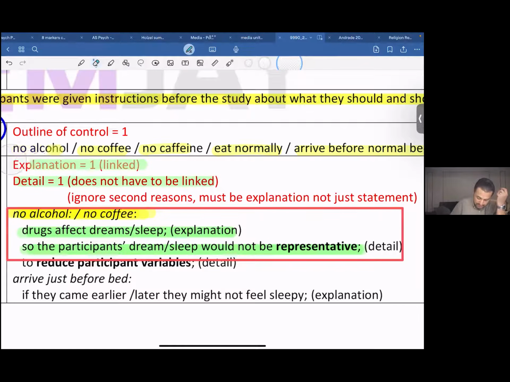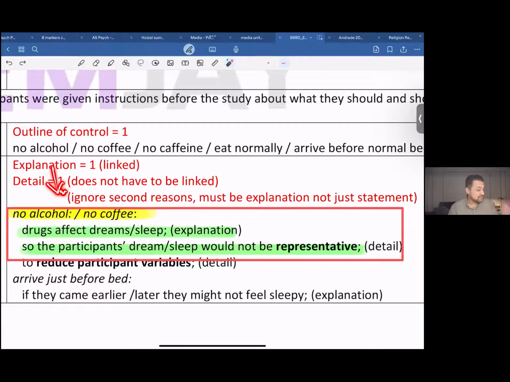Let me just clean the other. Okay, yeah. So the control over here is if you write down about the participants being asked not to consume alcohol or coffee. Why though? Because I'm sure you all are aware coffee affects your sleeping patterns, right?